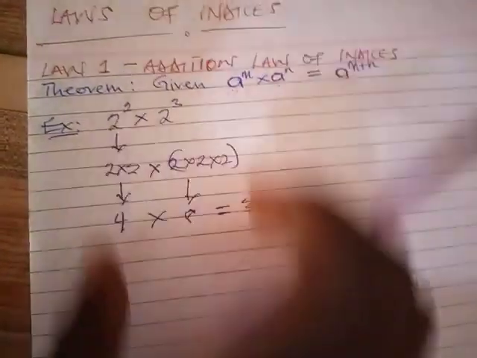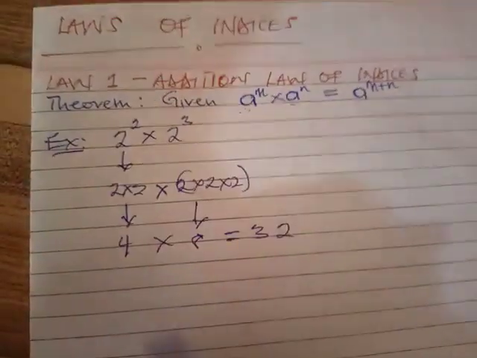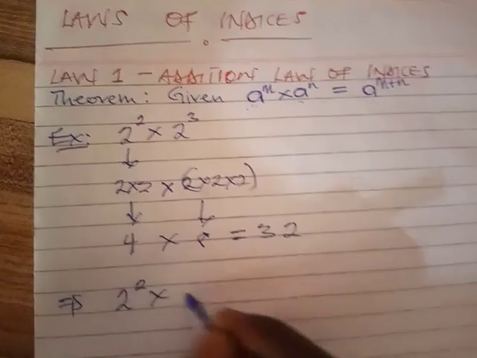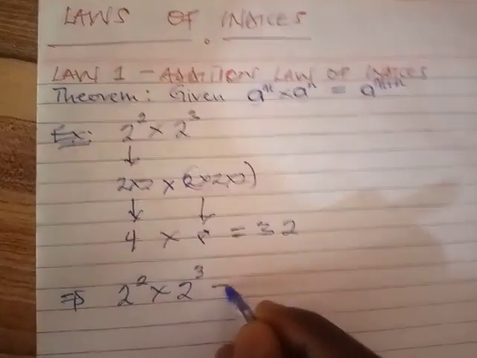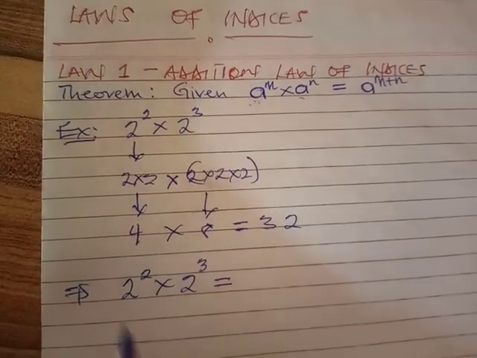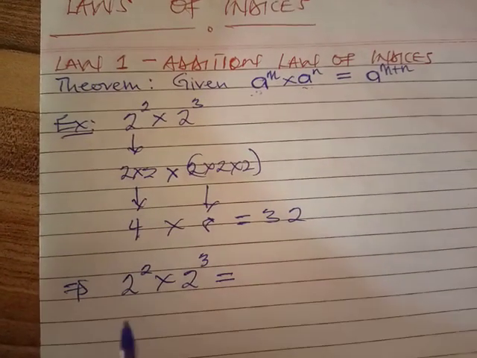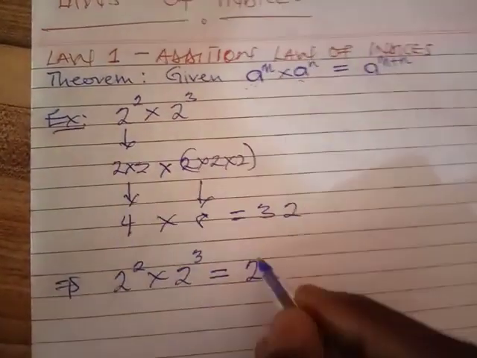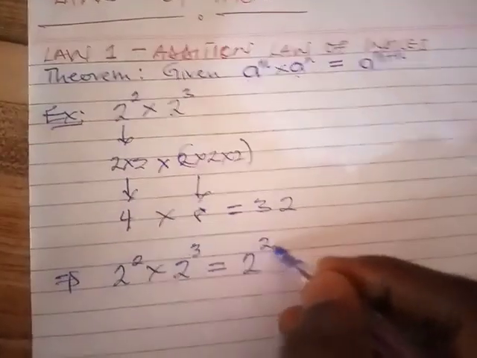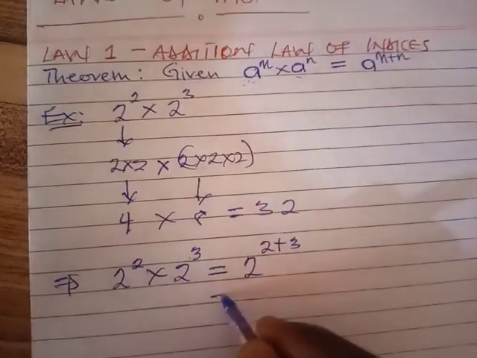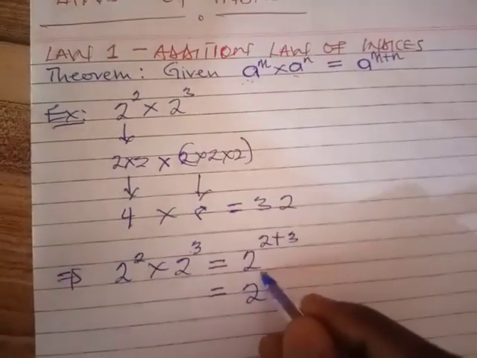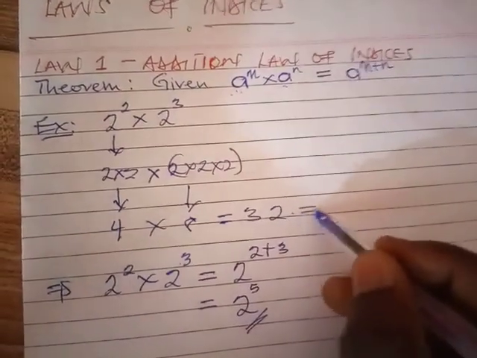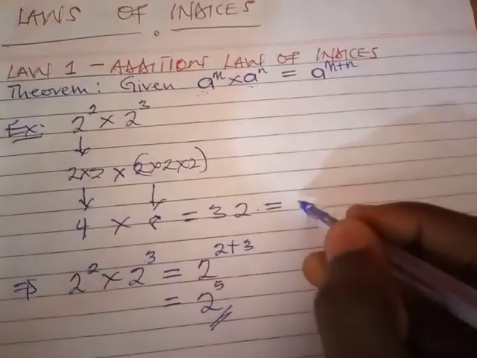So let's ignore these steps and let's go by what the theorem is saying. If you have 2 exponent 2 multiplying 2 exponent 3, because we have 2 here and we have 2 here, you can hold one 2 and add the exponents. So we have 2 plus 3, and 2 plus 3 is 5, which is true, because you can express this 32 in terms of 2.